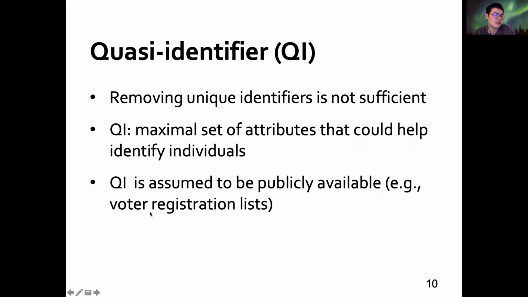Then they can find that there are no other people with the same date of birth and the same location, and identify that it's you. So QI are those attributes that are publicly available and, combined, can identify you. If somebody releases data that still contains these columns, there will be a privacy breach.